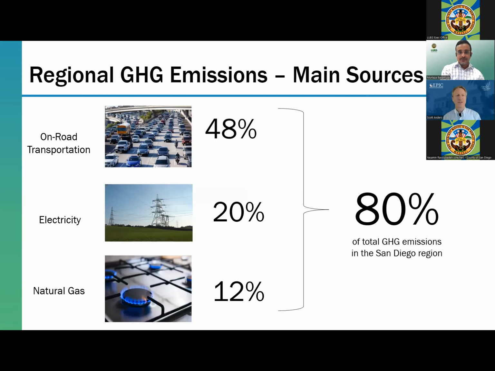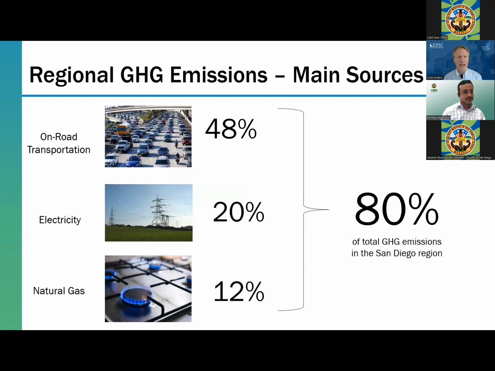So first, just to kind of back up and look at regional emissions, these are the top three emitting categories or sectors. And you see that on-road transportation, basically cars and trucks, represents almost half of regional emissions, followed by electricity and natural gas. So combined, these three sectors represent about 80% of all emissions.